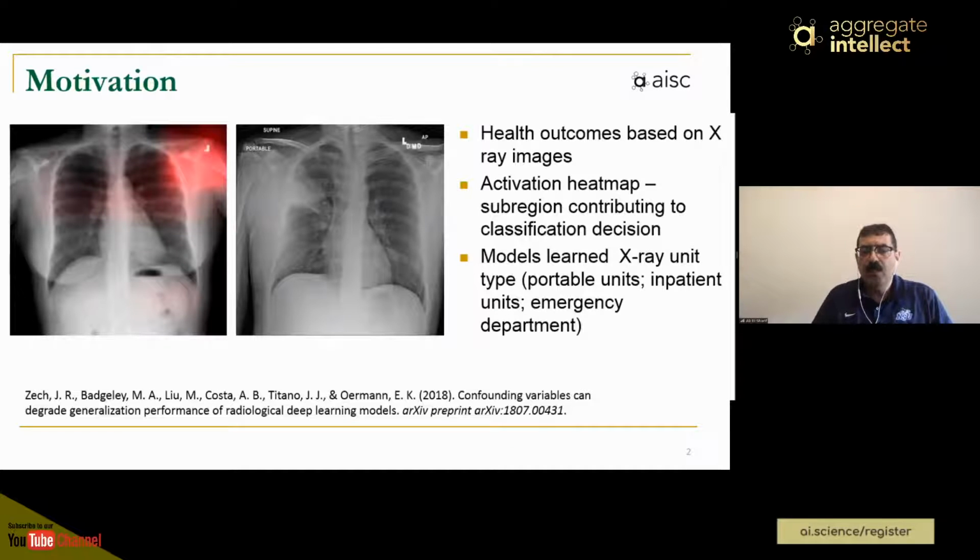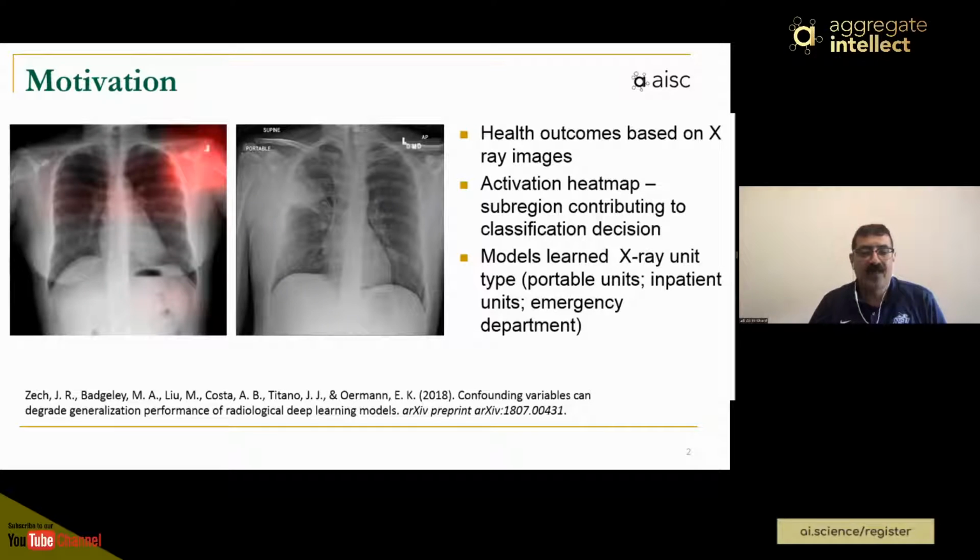The word portable here indicated the type of X-ray unit that was used in creating that X-ray image. There were three types of X-ray machines that essentially were used as proxies.